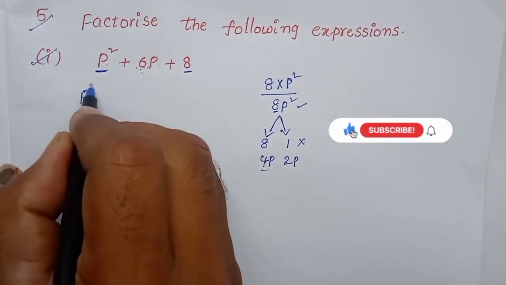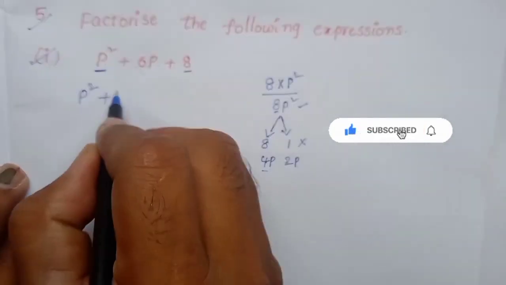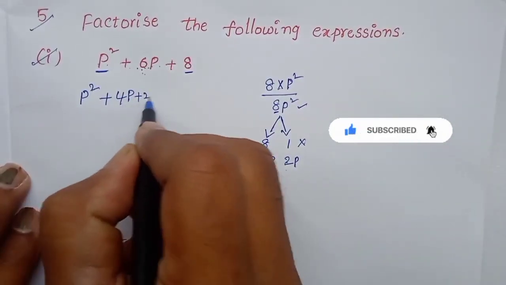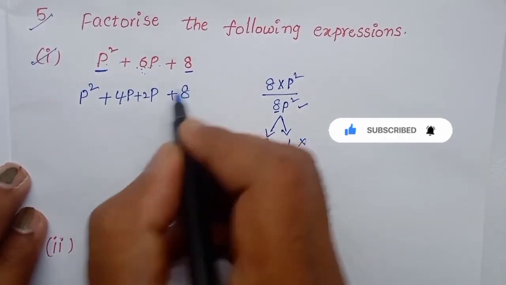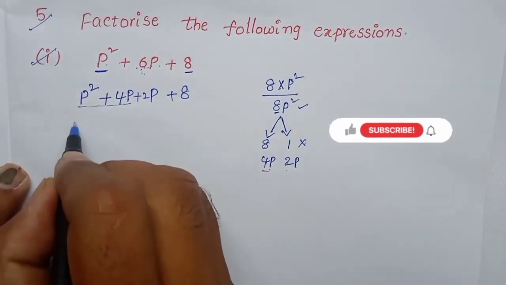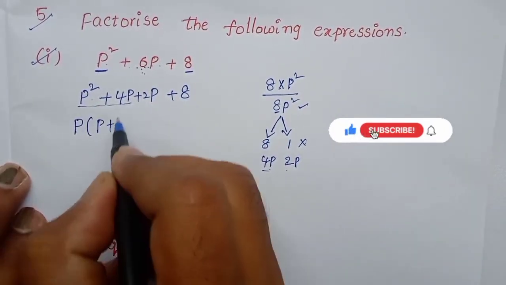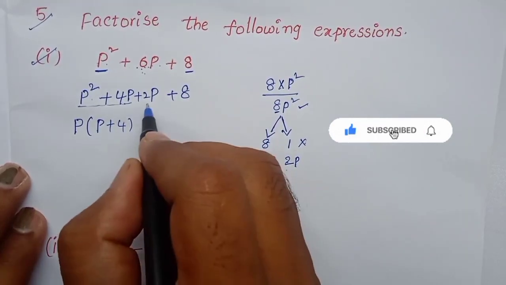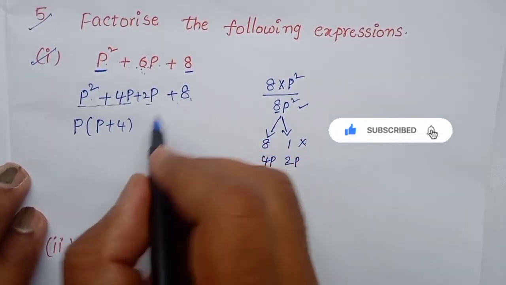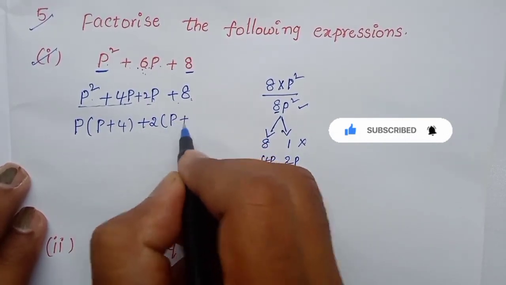See, this can be further written as p square plus 4p plus 2p plus 8. From the first two terms you can take p as common, then you get p plus 4 here. And from the third and fourth terms you can take 2 as common, then you get here p plus 4.